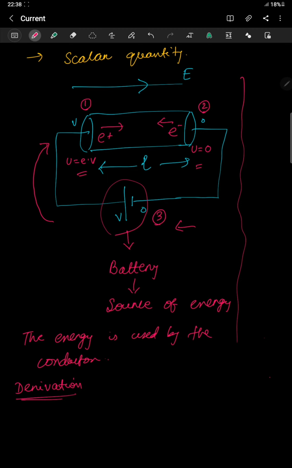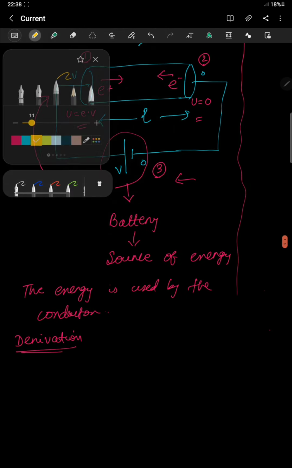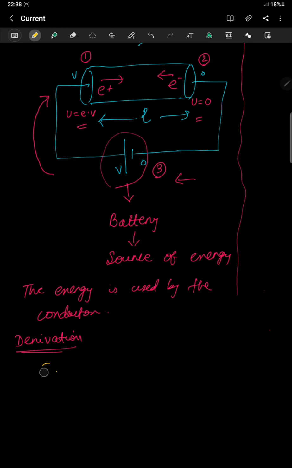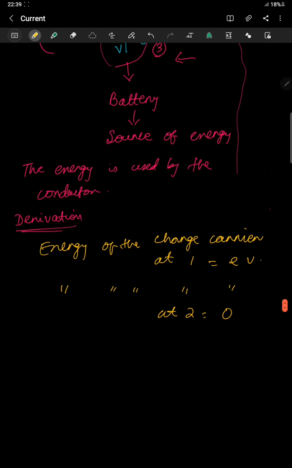While deriving this expression for current, we can say that the energy of the charge carrier, where we have considered the positron, at position 1 will be EV. But the energy of the charge carrier at position 2 is 0.